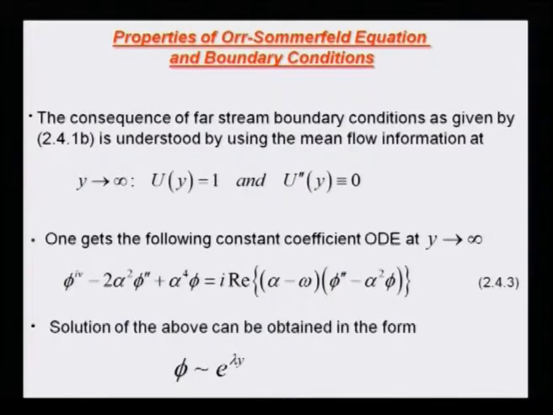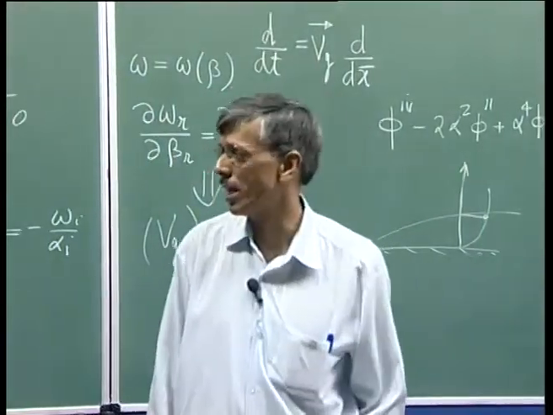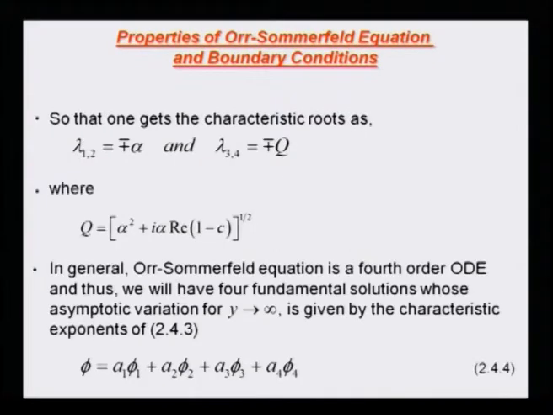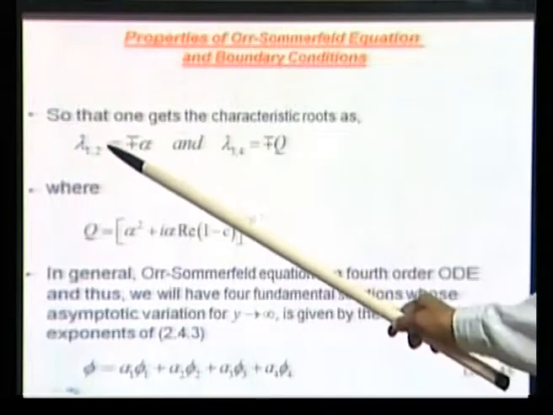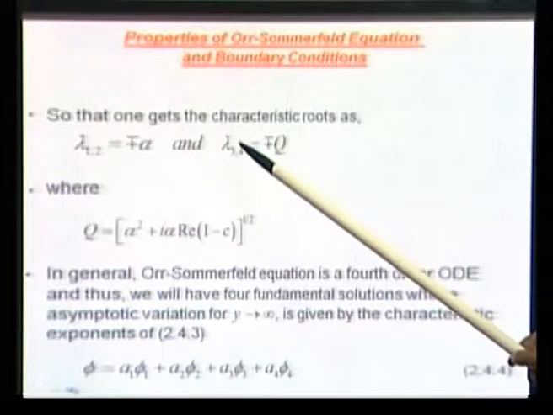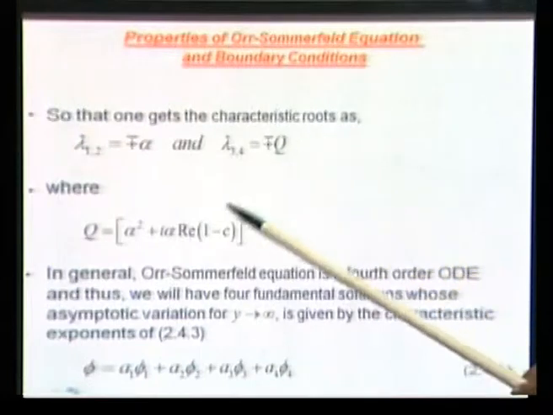So, you are going to get a quartic in lambda, which would have 4 characteristic roots. What we find is that the equation yields a pair of roots, 1 and 2, corresponding to minus alpha and plus alpha, and 3 and 4 corresponding to minus q and plus q. What is q? q is this part.